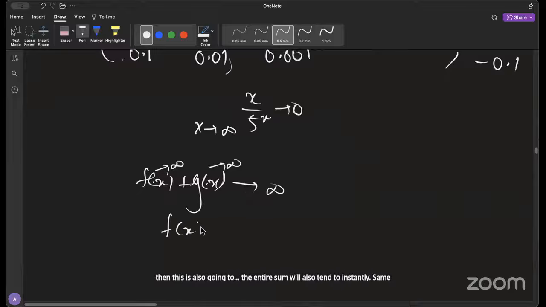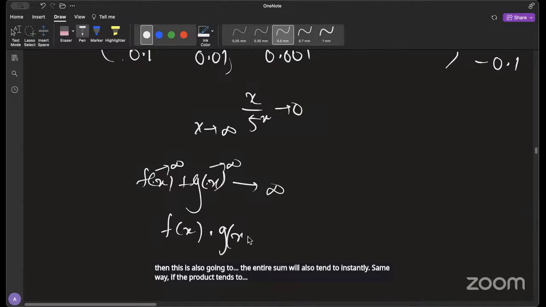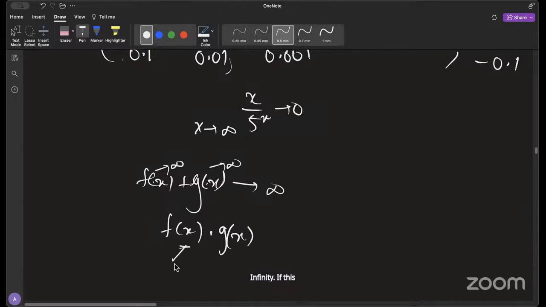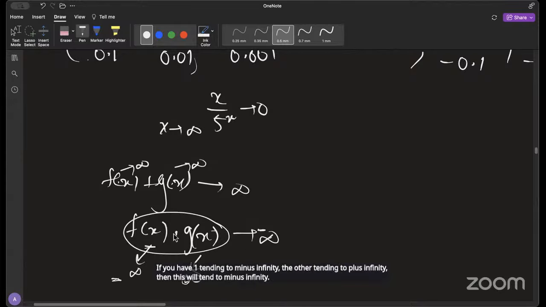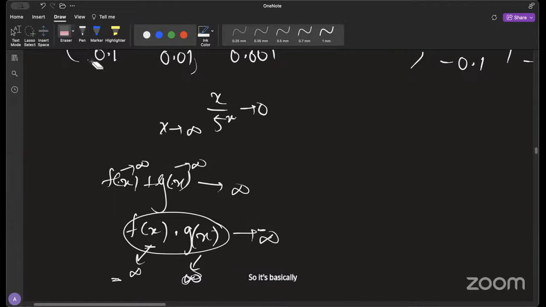In the same way, if the product of two such functions tends to infinity, that entire expression will tend to infinity. If you have one tending to minus infinity and the other tending to plus infinity, then this will tend to minus infinity. If you have both tending to minus infinity, this will tend to minus infinity. So it's basically just like addition only.